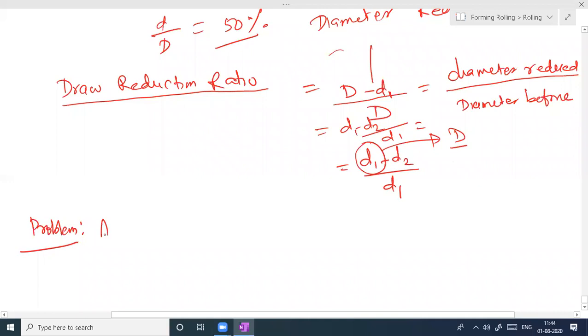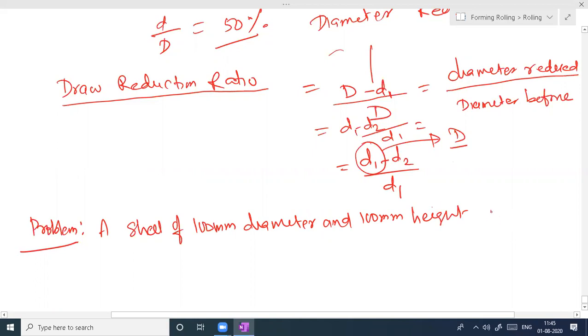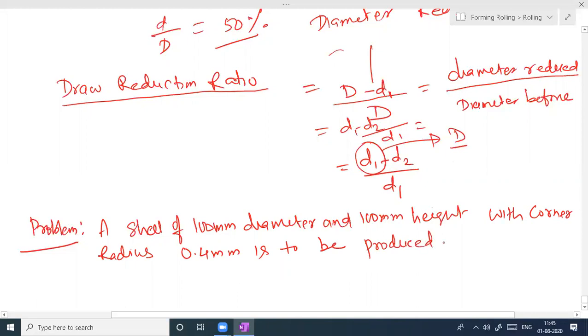A cell of 100 mm diameter and 100 mm height with corner radius 0.4 mm is to be produced by cup drawing. Please write simultaneously.